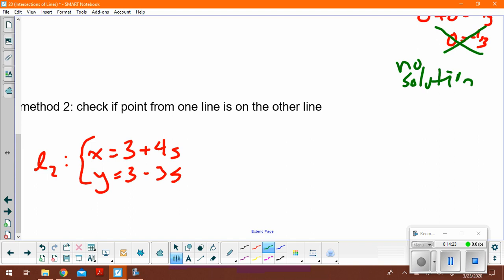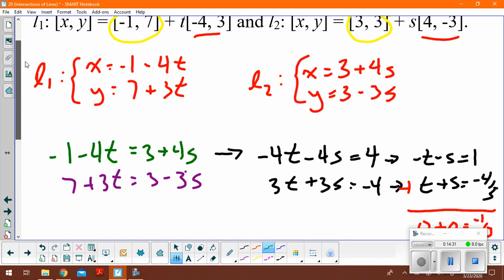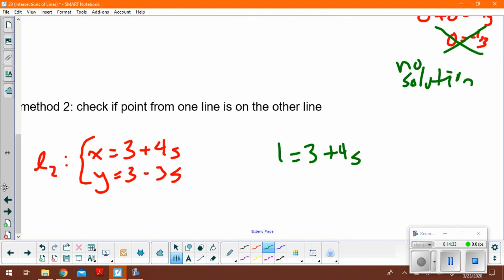So I would have -1 equals 3 plus 4s. And 7 should equal 3 minus 3s. Now I solve each equation for s and see what I get.